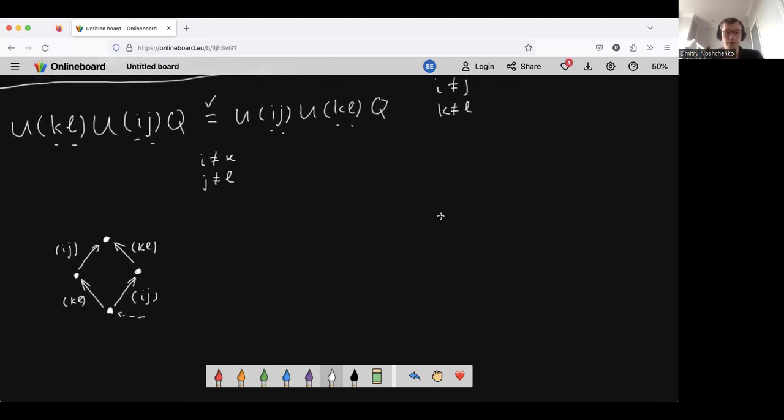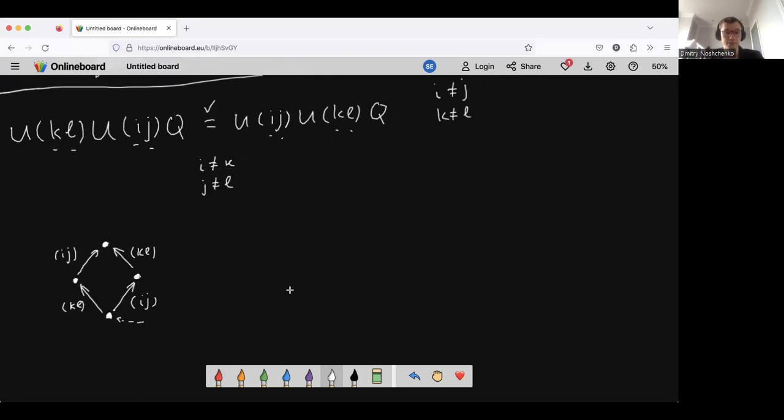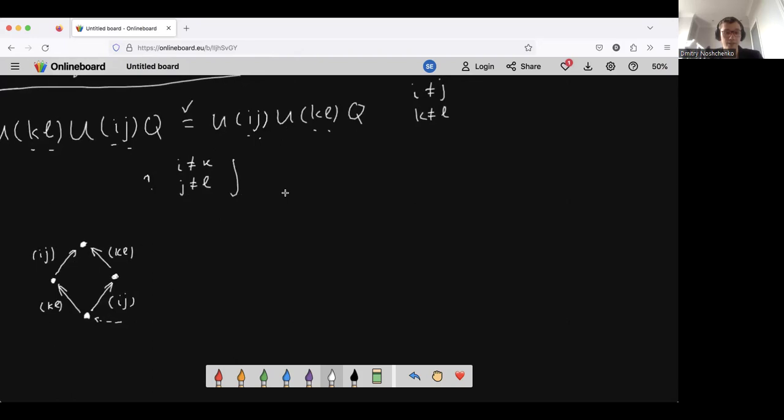So now the question, what happens? Yes, so why this condition? What happens if these indices are equal? In the next scenario, I'll draw it as a diagram now.